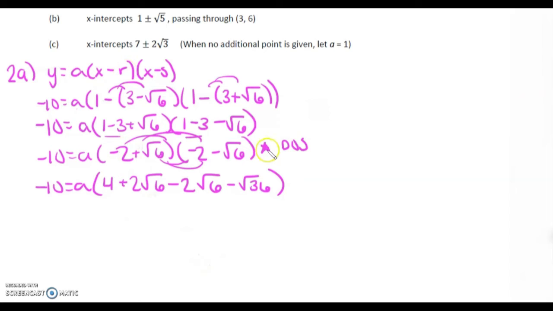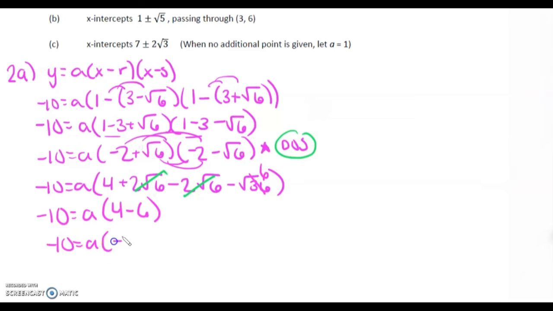Again, because of the difference of squares, these two terms are going to be identical. If they're not, then you did the multiplication wrong. So now we have 4 minus 6, because root 36 cancels to 6. So we get negative 10 equals A times negative 2. Divide both sides by negative 2, A equals 5.